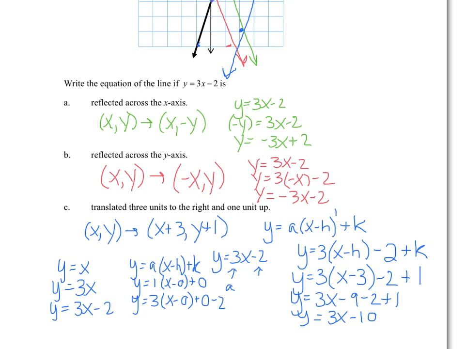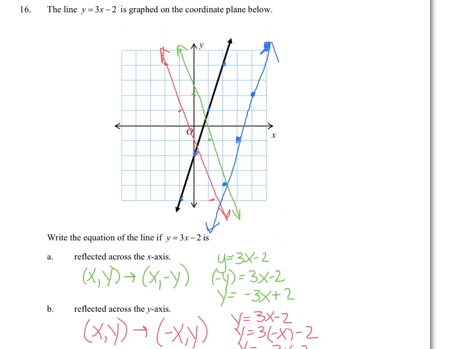If we go back up to this original function, we can also take these 2 points, since we can't tell what the y-intercept is. I'll pick a different color so you can follow along with me. Let's look at this point and this point. We can tell our slope is up 3 and over 1. So we know m is 3. And we have 2 points.